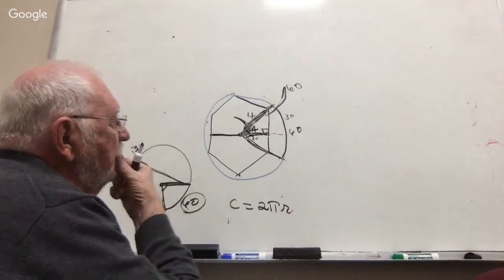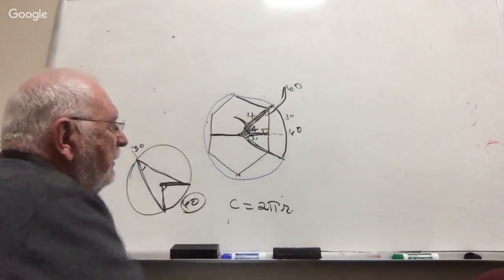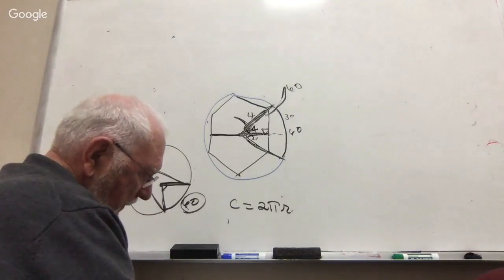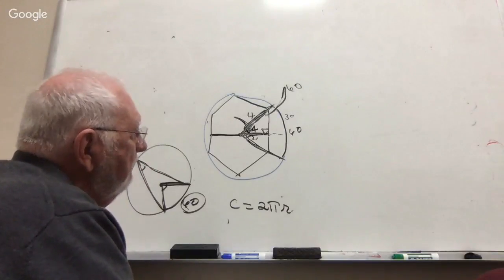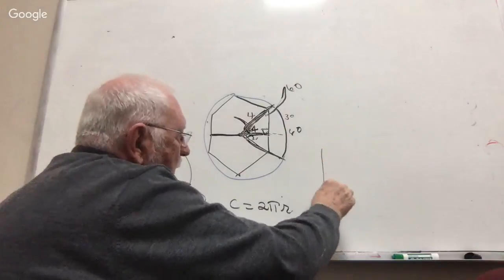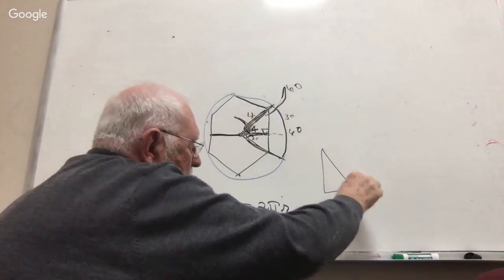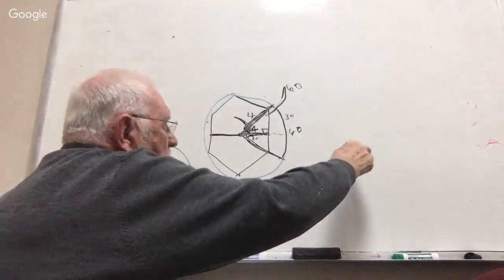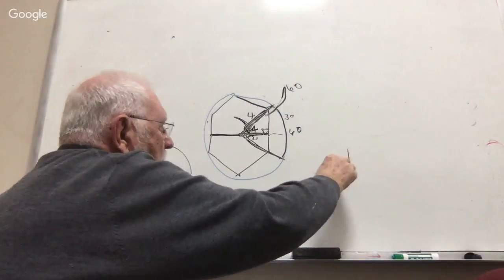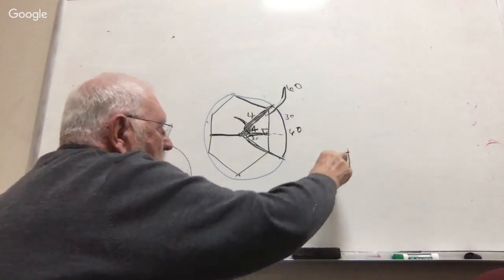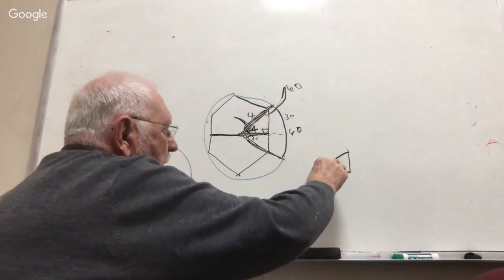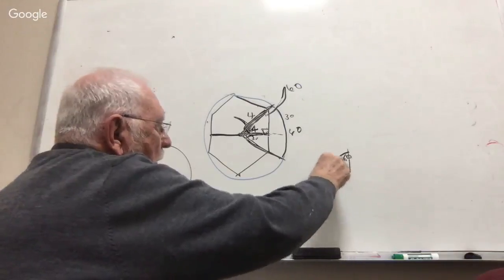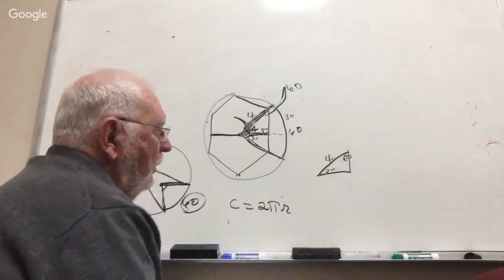All right, so in a 30, 60, 90 right triangle, let's draw it out here. All right, this part we know is 4.